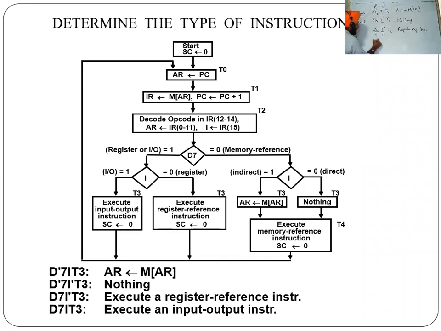Again, the second thing, when the value of D7 is equal to 1 and I is not dash, this is I equal to 1 and you have T3. It means that your input output instruction will be executed. That's it, IO instruction will be executed. I hope the flow chart is clear to everyone.